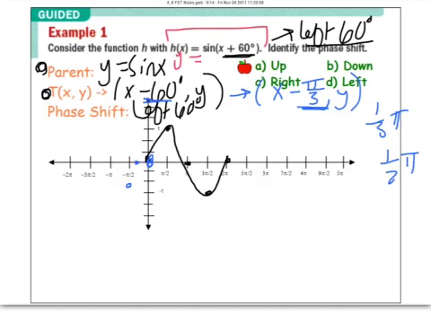And that's appropriate enough for now. Take this ordered pair at the peak and move that back about 1/3 of the pi. Take this one here, move it back 1/3 of a pi. Take this, about 1/3. Take this, about 1/3. Connect those new dots. And what we're going to get is the function of sine of x plus 60 degrees. And we're done.